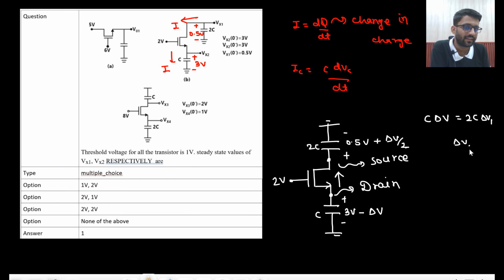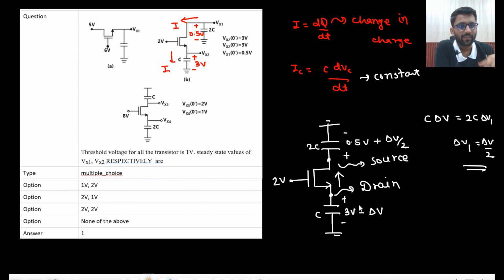So 2C will get delta V by 2. Say yes or no. If this is losing delta V, then it will get delta V by 2, because C into delta V has to be constant. Right? So this is having 0.5 plus delta V by 2 and this is having 3 minus delta V.